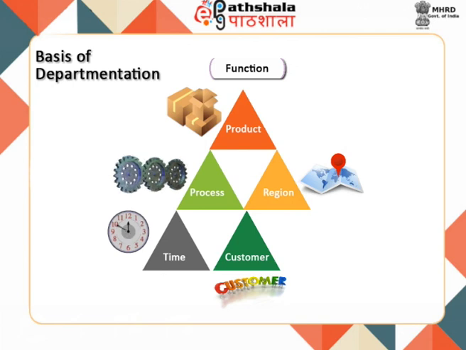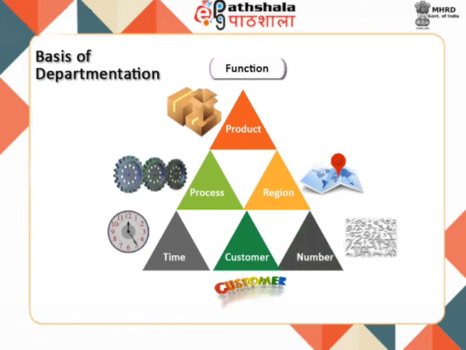Grouping of the activities on the basis of time, particularly seen in case of hospitals and telephone companies, where there are 2 to 3 shifts and an employee has to work in a day and night. 7. Numbers. Here departments are created on the basis of the number of persons.